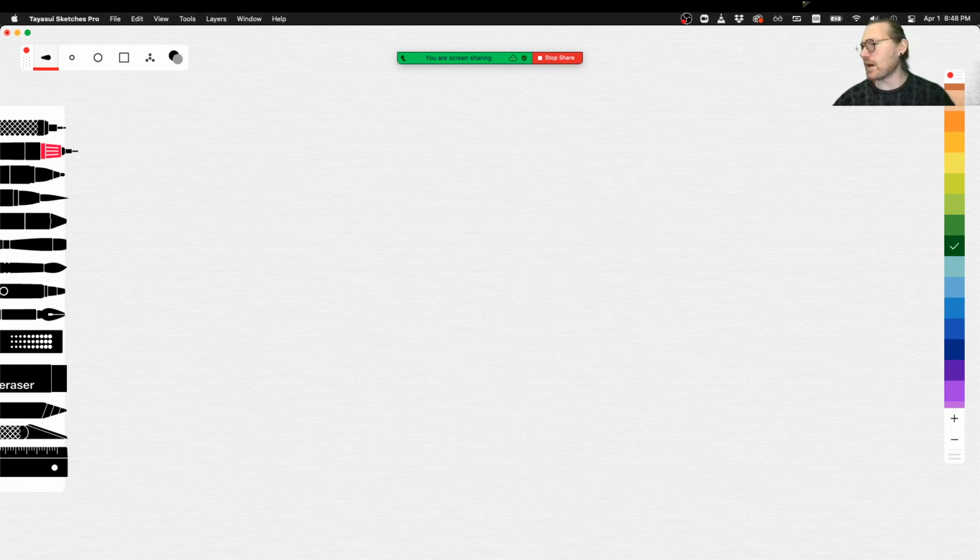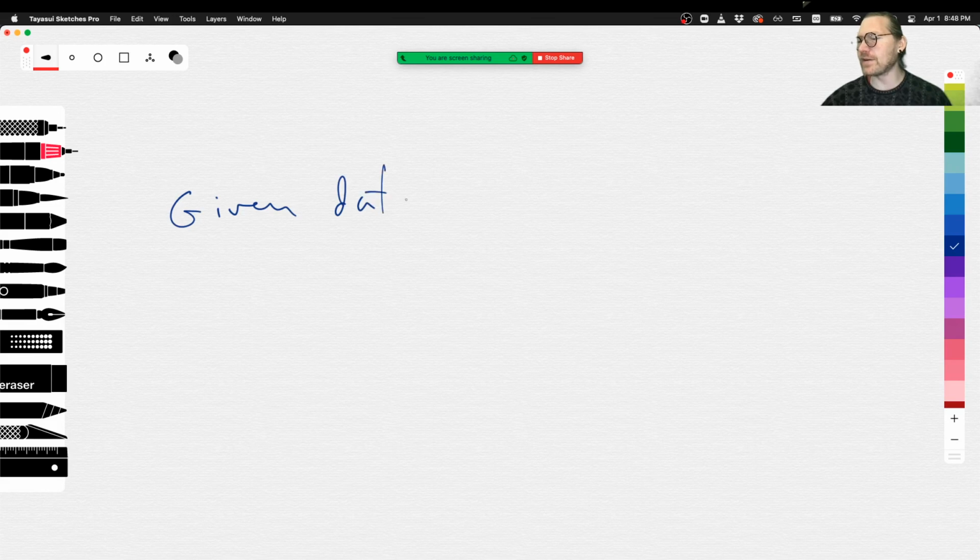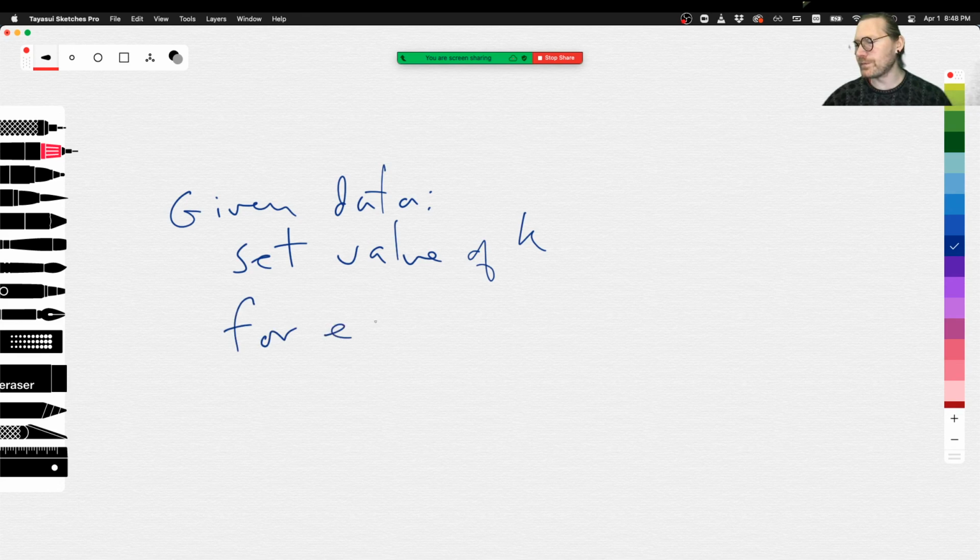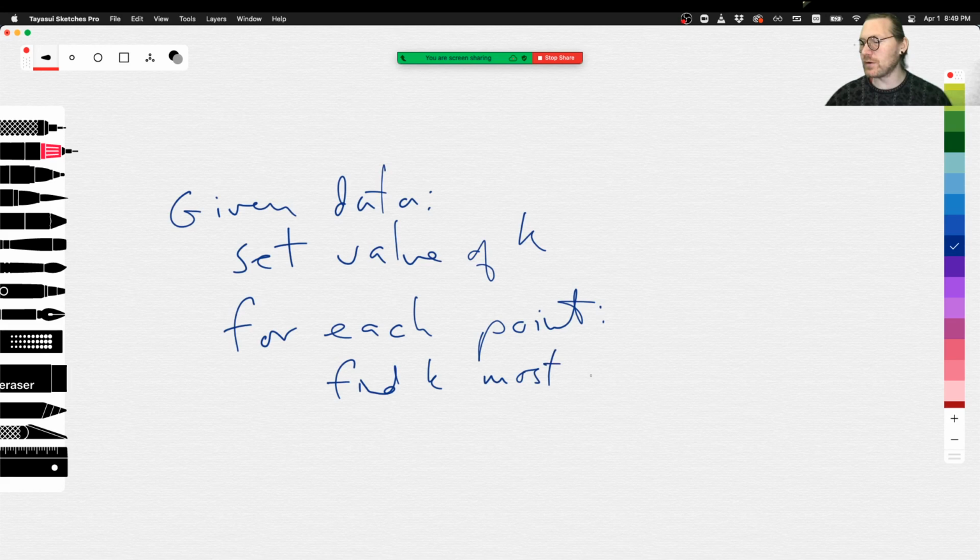So let's write this algorithm just in algorithmic language. I'm going to end up importing this from the sklearn library. But given data, we set a value of k, and then for each data point, we're going to find the k most similar data points.